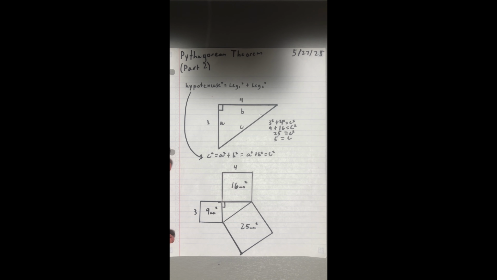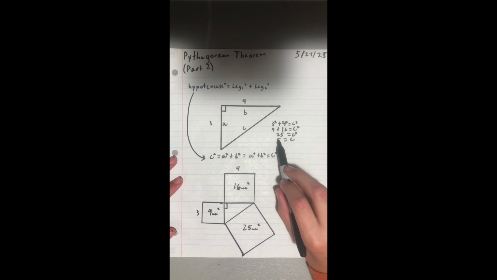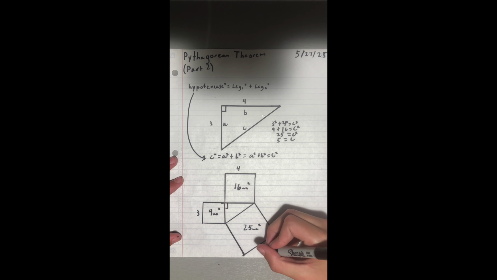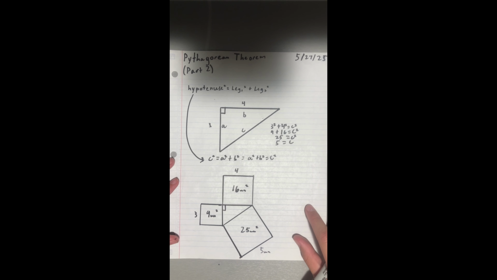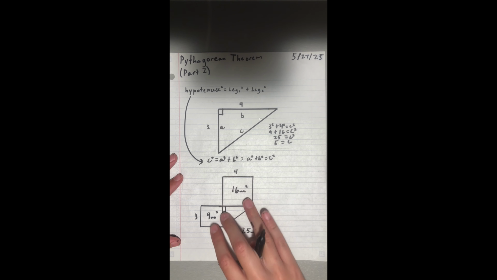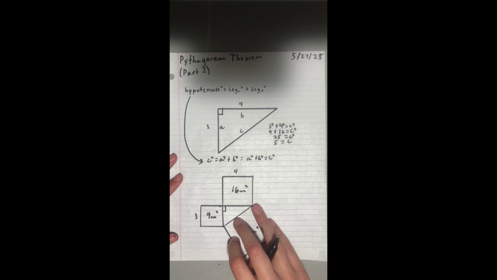So, in order to do that, we have to find the square root of 25, which we've addressed earlier. The square root of 25 is 5. So our side length is 5 units. So we just proved how we can draw out the Pythagorean theorem to see how it works with actual squares.